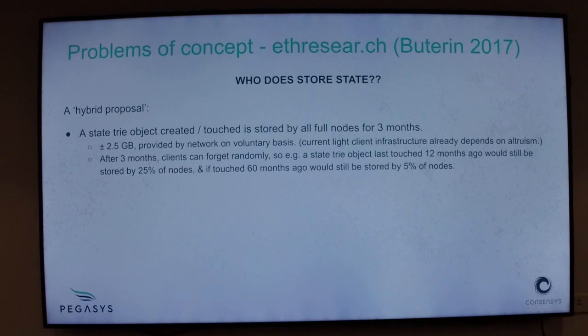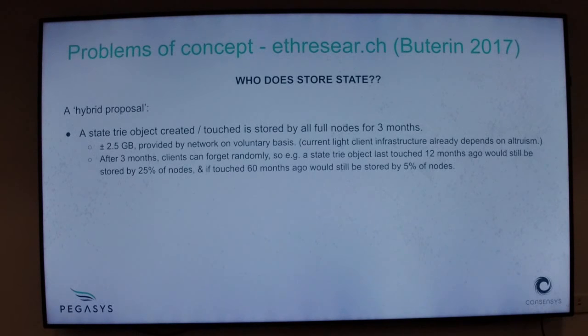Yeah. And then the other thing that Vitalik was saying is that after 3 months, clients can forget randomly. I haven't heard much more discussion about this, so I don't think this is really going further.